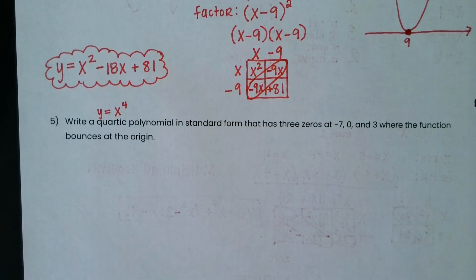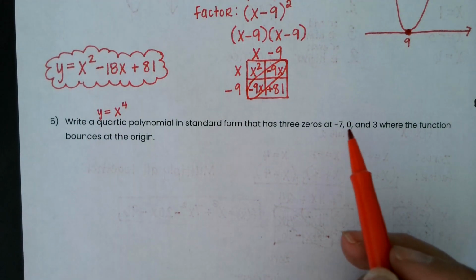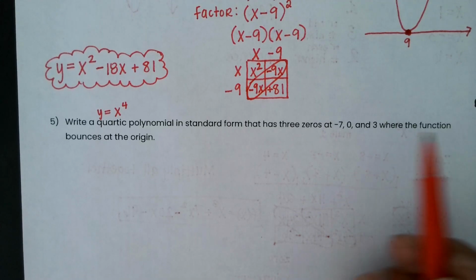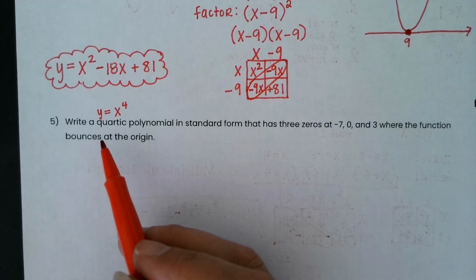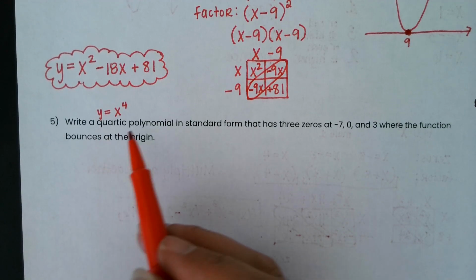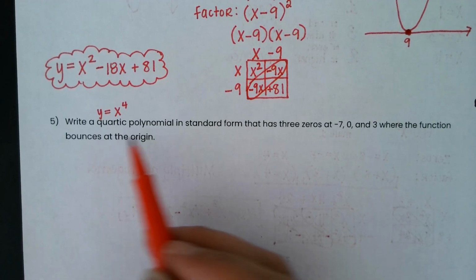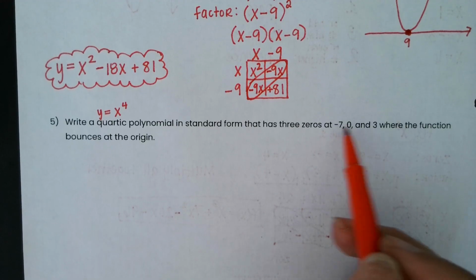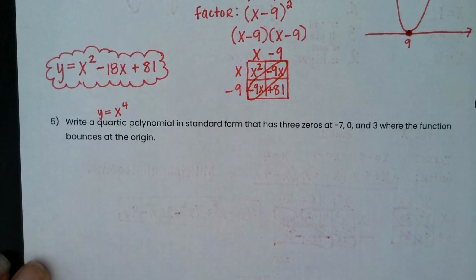Right. And it has 3 different zeros, and the function's going to bounce at the origin. So the bounce is going to be a multiplicity of 2. So one of these is going to occur twice, right? The other ones will just have a multiplicity of 1.